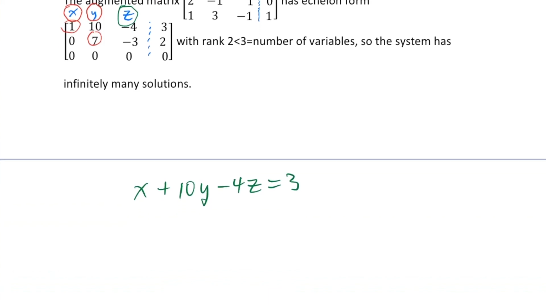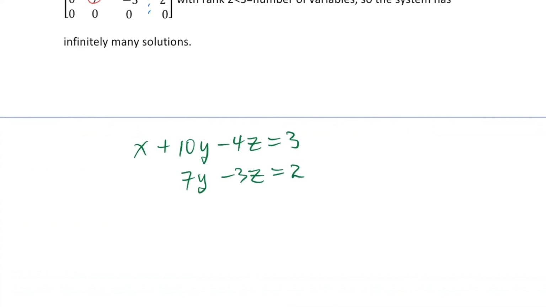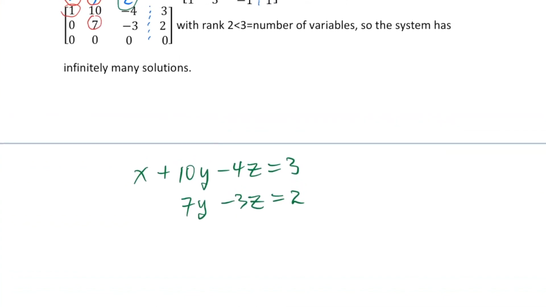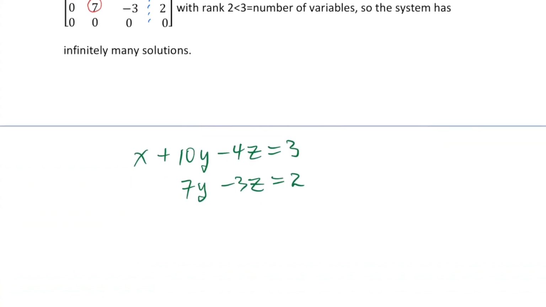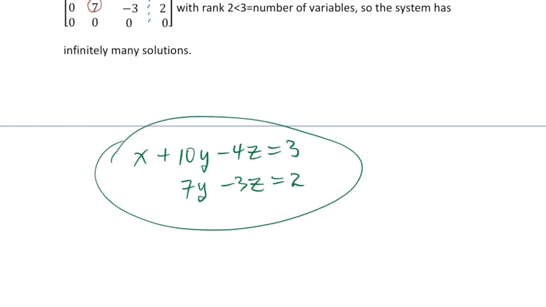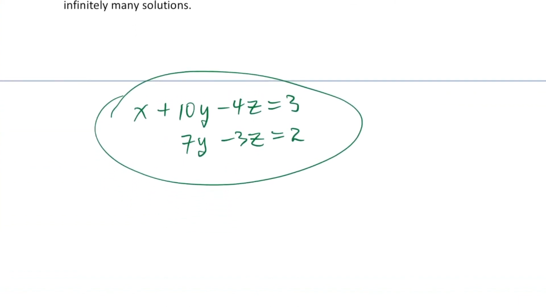The second row would be saying 0x, so we'll ignore that, 7y minus 3z is equal to 2. And then you can see the last row, of course, is saying 0 equals 0. And clearly here you can see that x and y could actually be written in terms of z here. Okay, so the number of solutions must indeed be infinite here. Okay, all right.